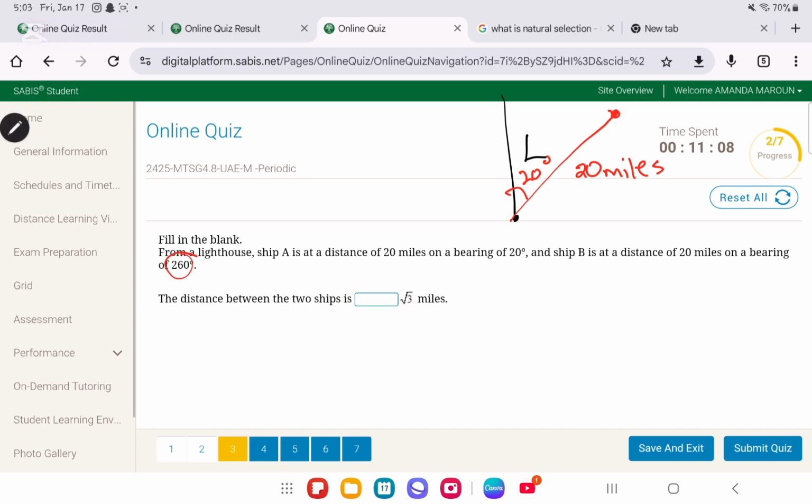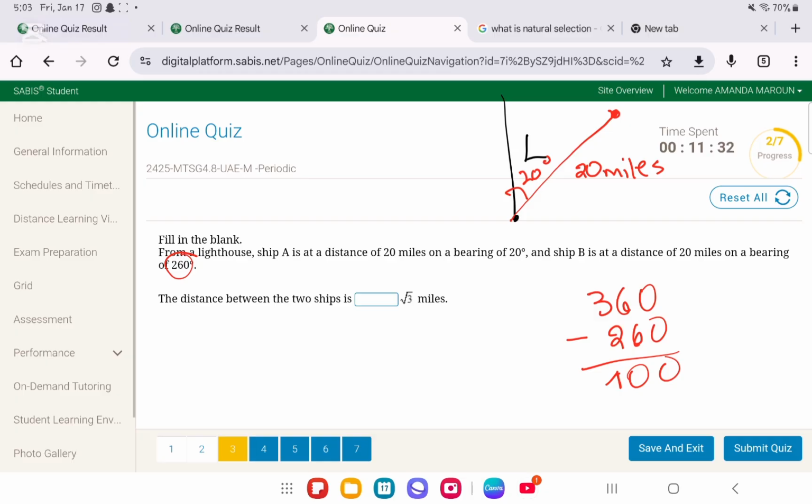Now, whenever you have something greater than 180, you are going to do 360 minus the angle, which in this case is 260, and we are going to get 100. But we are not going to put the angle in where we started. So if you start counterclockwise, you are not going to put the angle counterclockwise. You are going to put it the opposite, which is clockwise.